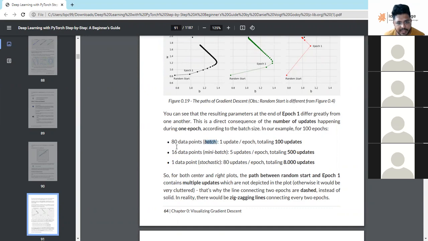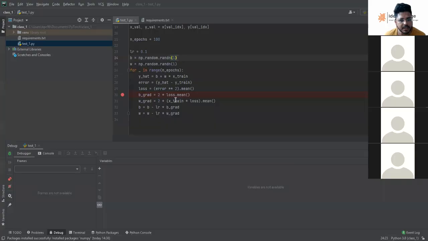Batch: 80 data points, one update per epoch, totaling 100 updates. Mini batch: 16 data points, 5 updates, totaling 500 updates. Okay, let me ask this. If I am doing gradient descent and the number of epochs is 100, then how many updates will happen to the learnable parameters? 100 updates.